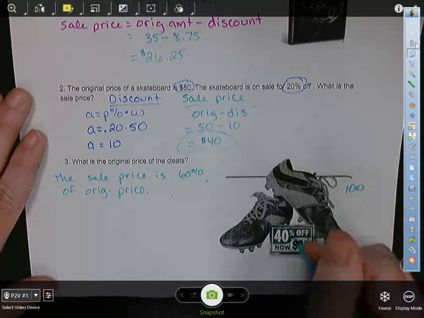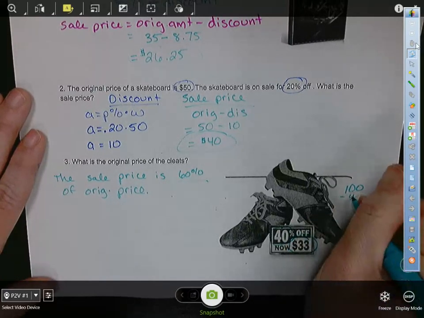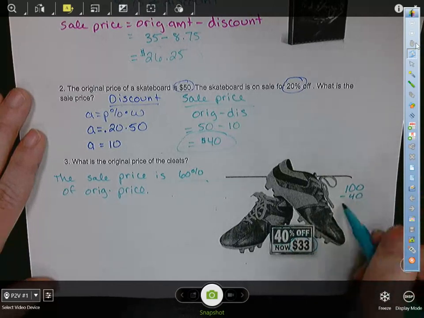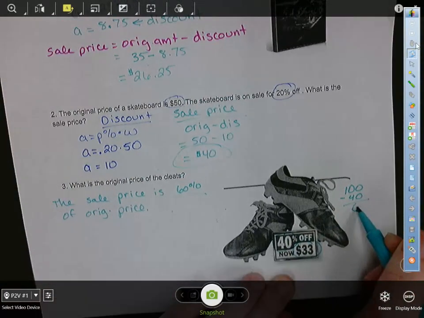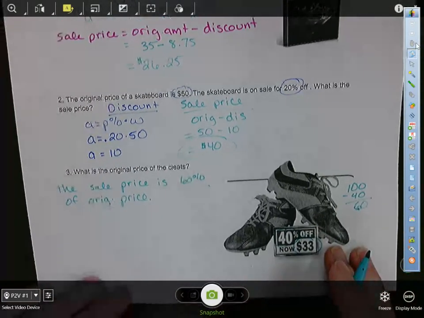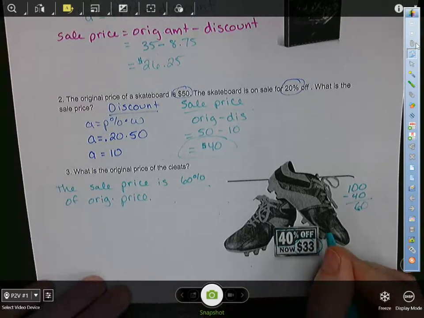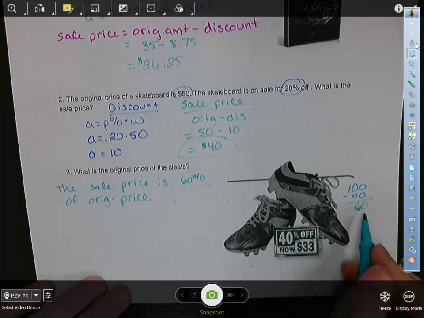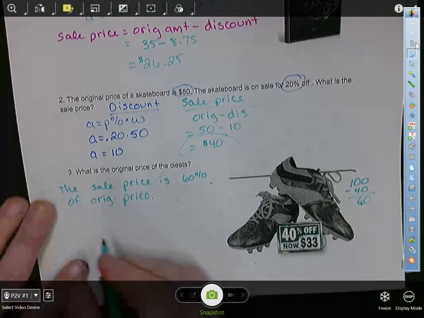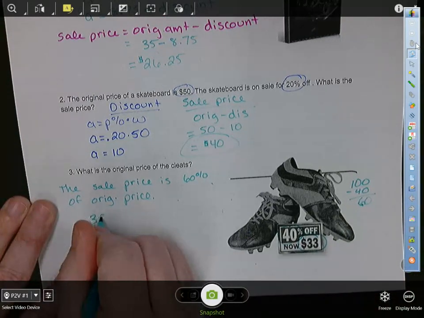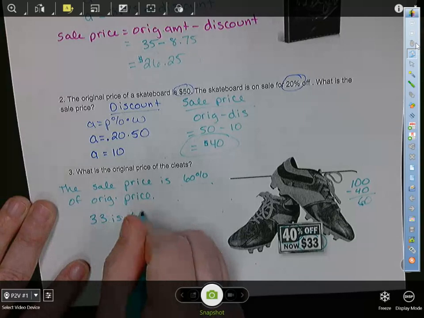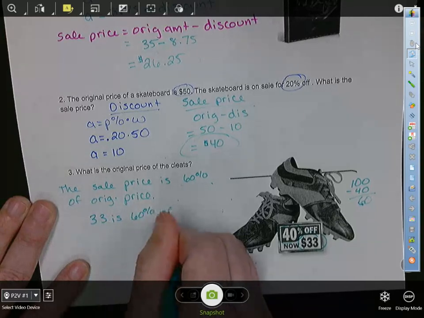And if it's 40% off, that means they took away 40%. So 100 minus 40 is 60. So that means I paid 60% of the price for these cleats. So 33 is 60% of the price. So I've got to figure out, 33 is 60% of what number?